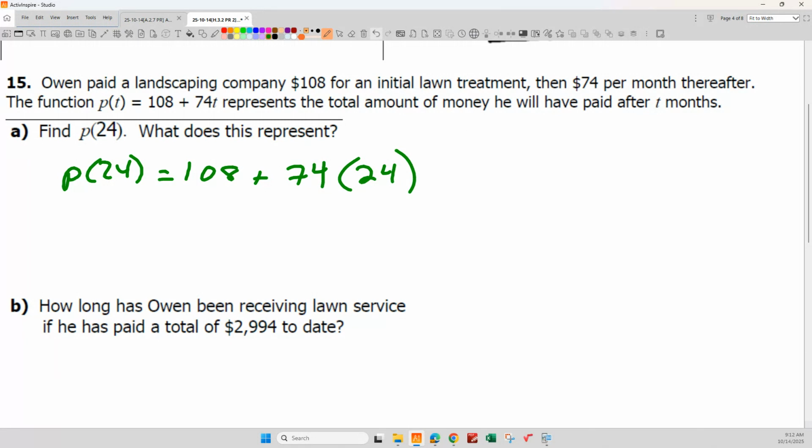How could I multiply 74 times 24? A couple ways you could do it. Any ideas? What would you do? No wrong answer. If you wanted to do that mental math, what could you do? What do you think?